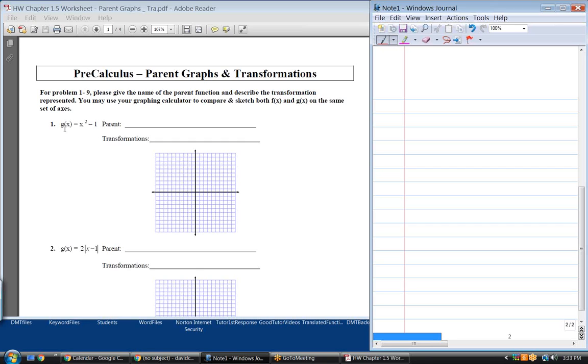In other words, as long as you know how to draw g of x equals x squared, and you know that it's a vertical shift down by 1 unit, then you don't need a graphing calculator. And I'm sure they want you to do this part without a graphing calculator. It says you may use one just to kind of verify that you're right.